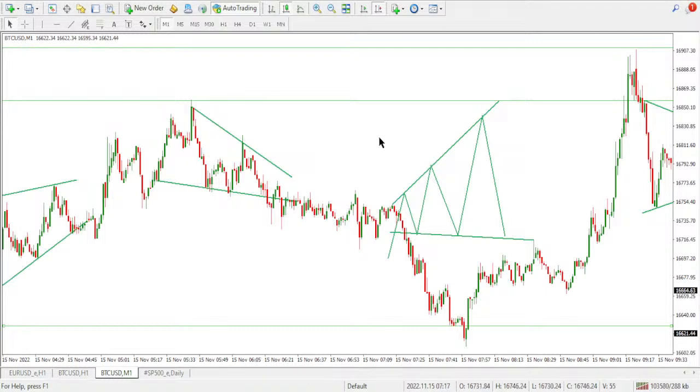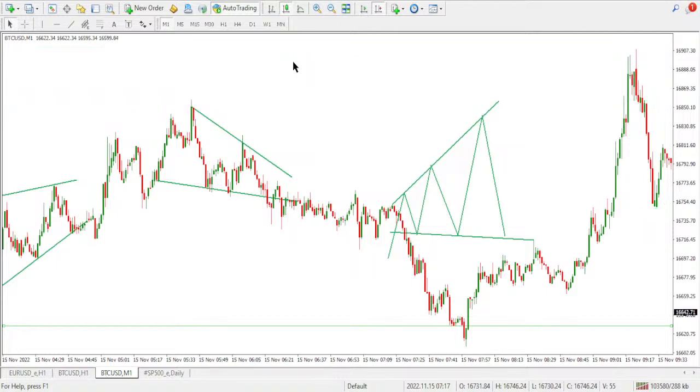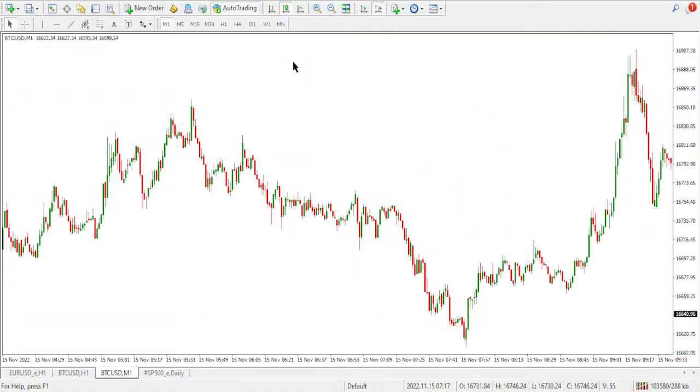So let's get a real life example. On our charts, we see exactly what we expect. So this is a good example. We have a very good example here.